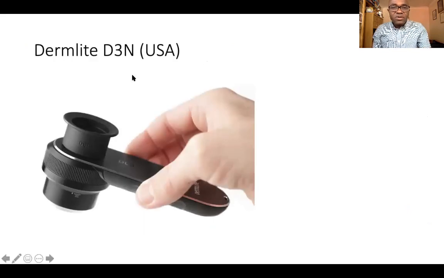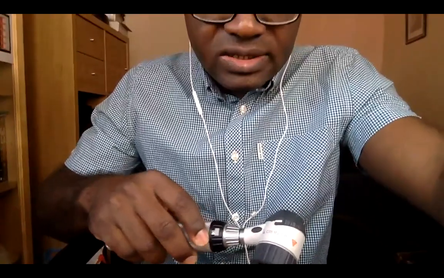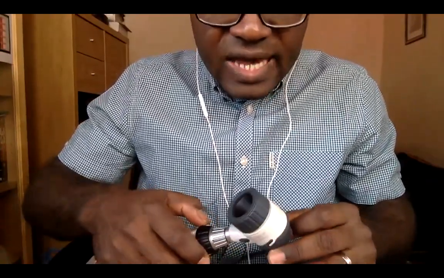So I'm going to stop sharing now and show you a dermatoscope. What I have here is a Delta T20. I don't know if you can see the reflection there. It is a Delta 20T, a Heine dermoscope, and it has a button that you can use to switch between polarized and non-polarized light.